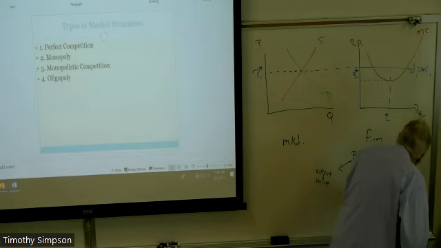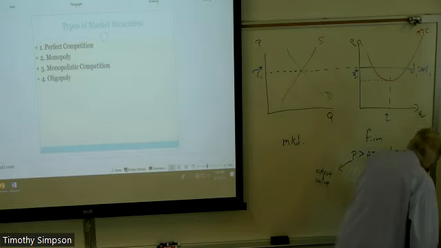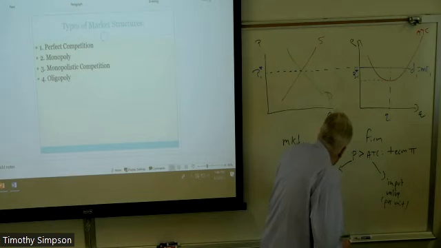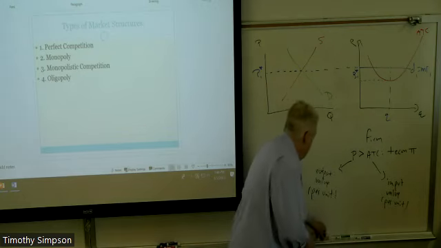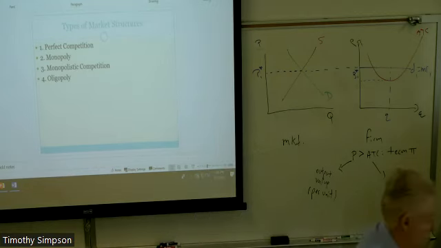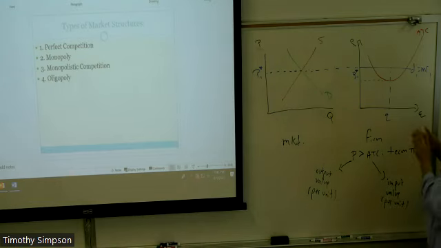And maybe I should put on here "per unit" to elaborate. Basically, where do you want to be if you're a seller of goods? You can't always be there, but you want to be in a place where you're charging your buyer more for the goods than it's costing you to produce. I think that might go without saying. In other words, if the output value is greater than the input value, that's a good thing.